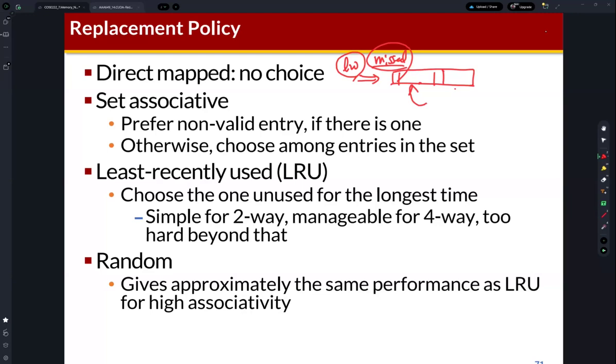Actually, for the direct-mapped cache, we don't need to consider this replacement policy. So this is called the replacement policy of the cache. It means that we need to select the cache block which will be evicted when a new cache block is allocated.